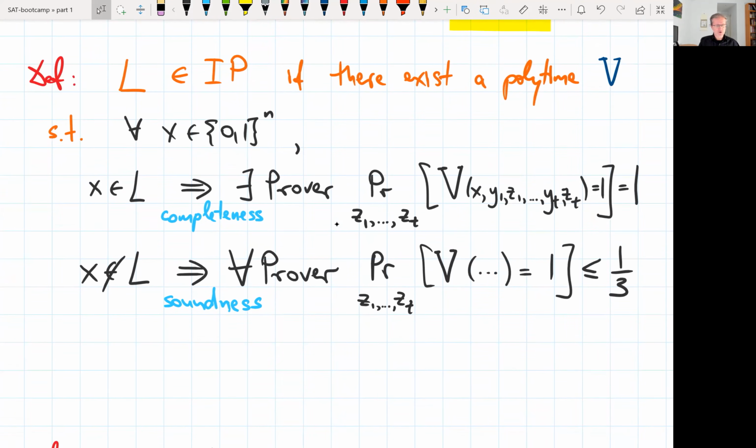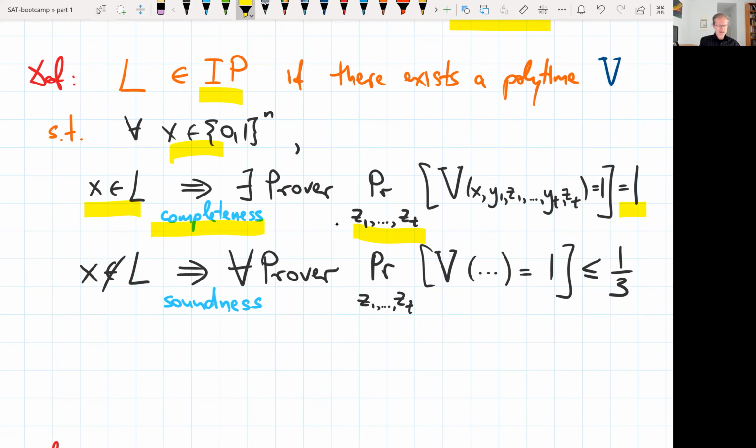So what does it mean for a language to be in the class IP? We can define the class IP and say that a language L is in the class IP if there exists a polynomial time verifier V such that for every input X, if X is in the language, then there exists a prover that is able to convince the verifier to accept with probability 1, where the probability is over the random strings chosen by the verifier, those Zs that I mentioned.